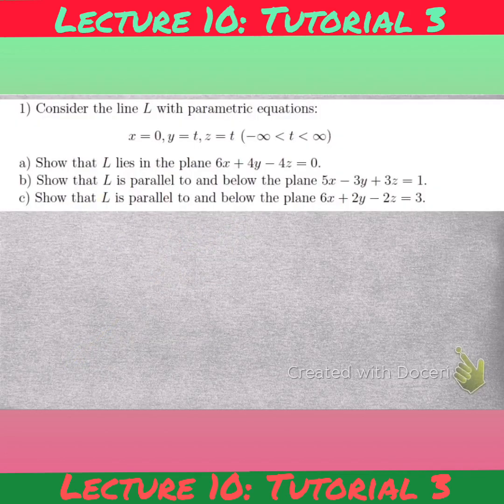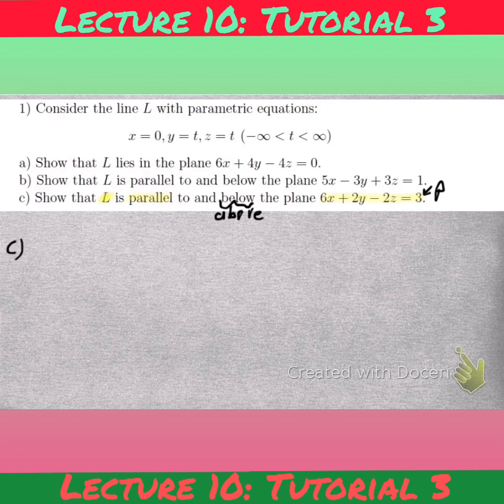Right, next we're asked to show that the line L is parallel to this plane here. Again we call that plane P, and remember I said the line is above. Now this is the same procedure again.